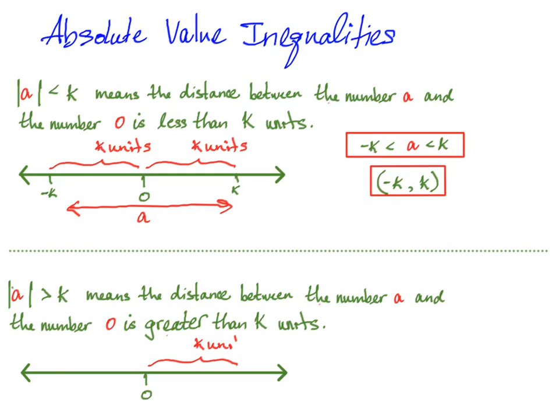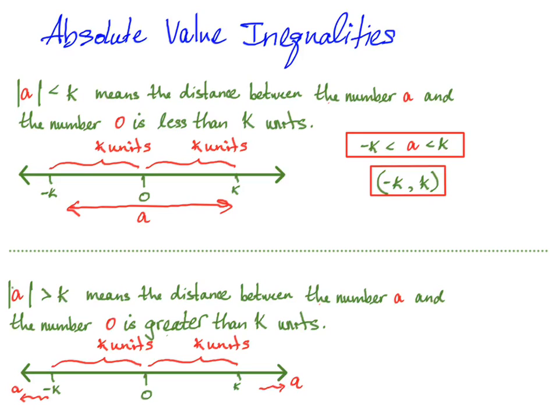K units to the right, K units to the left, so -K and +K. So where is A? If the distance between A and 0 is greater than K units, A is outside. It's out there greater than +K, or it's out there on the left, less than -K, because the distance has to be greater than K units away from 0.